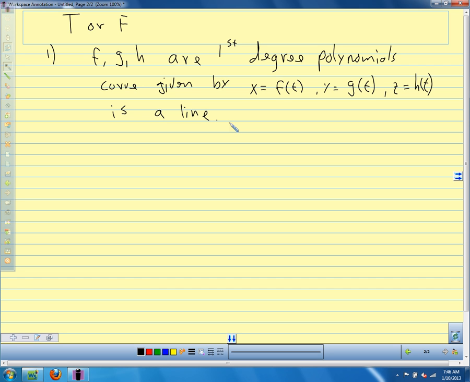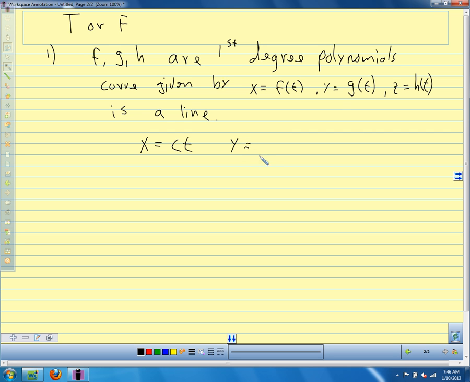Let's look at how we might be able to think of this. A first degree polynomial in the variable t, what is it going to look like? How would we write one? Some ct. So if we're going to write this first degree polynomial, we could say x equals ct, y equals some other linear polynomial in t.